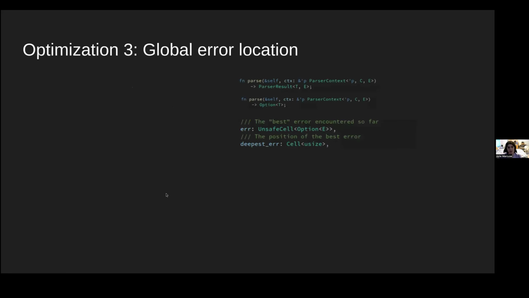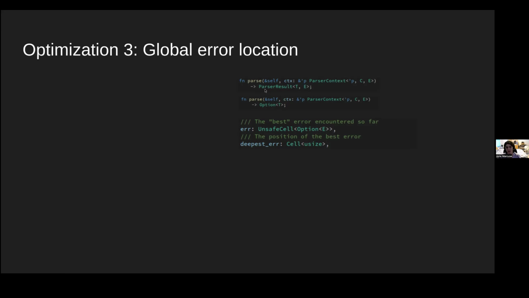The third optimization I made was a simple one that would often be regarded as kind of bad practice, which is having a single global location, or global in quotes, because it's really storing the error inside this parser context value. And you can see that that's the only difference in these signatures. This is the signature of a function that parses some value t.